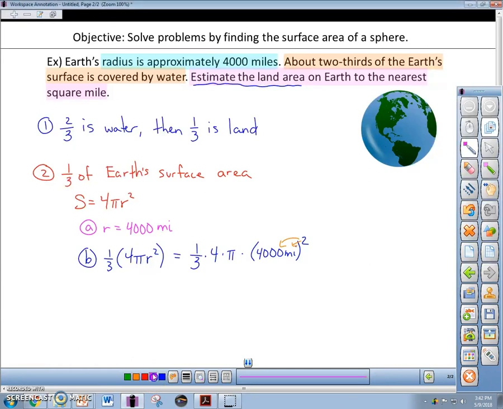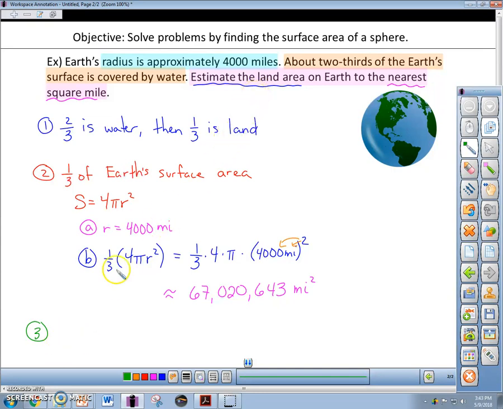So using our calculator to do this calculation, and again, remember we're rounding to the nearest square mile, which would be the whole number position. So what we get is about 67,020,643 square miles. And the abbreviation for miles is mi if you're going to use it. And then we would be able to state our conclusion here.